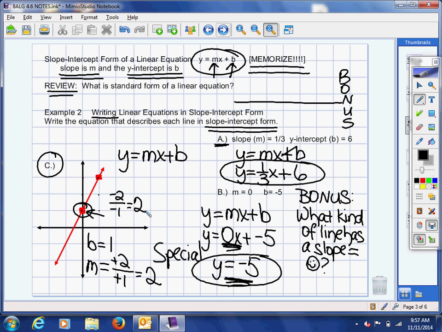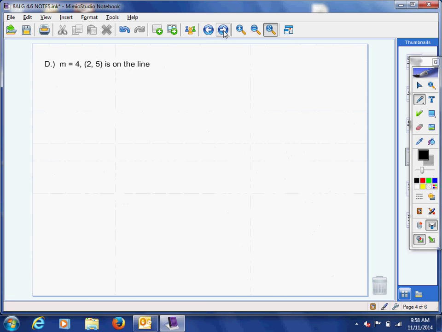It doesn't matter if you work bottom to top or top to bottom, you should get the same exact slope. Now let me ask you a question. Do we have enough information to plug into the slope-intercept form now? Yes, we do. We know the slope, we know the y-intercept, and there's the equation of that line. That red line that's right there, that's the equation of it. Great job.